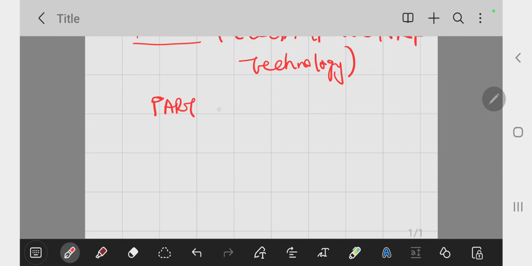Part 1. As of today, our main interest is looking at what workshop safety is.